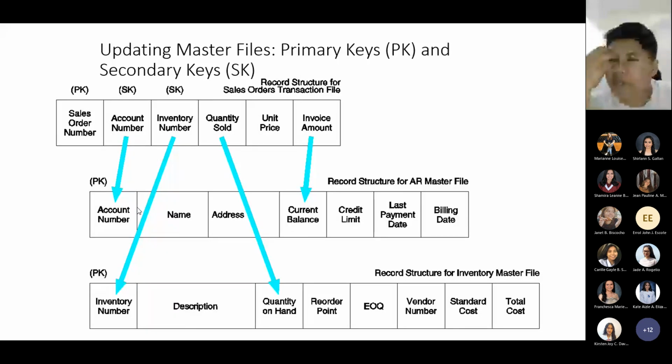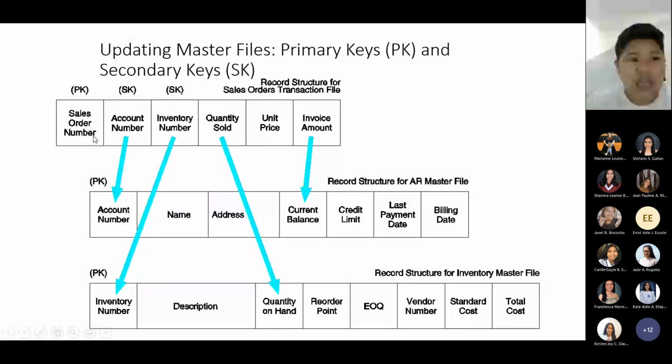Hindi mo hahanapin sa sales order file yung pangalan or yung account number ng client mo. Bakit? Maraming orders yung client mo na yan. So for you to get the specific sales order, ano ang hahanapin mo? Yun ang tinatawag nating primary key.